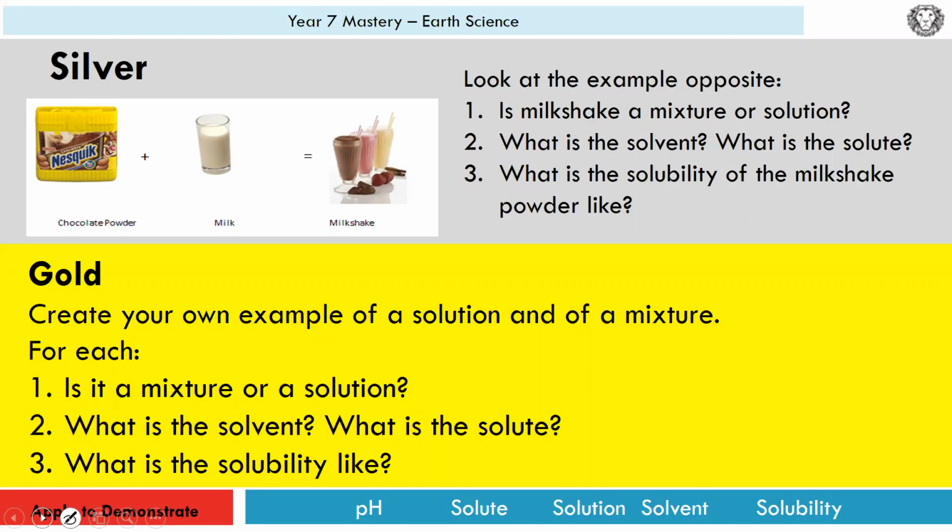If you have finished the silver activity and you fancy having a go at the gold activity, then go ahead. If you have done the gold activity, that's brilliant, well done. Once you have done the gold activity, I will show you your exit ticket. So if you can pause the video now.